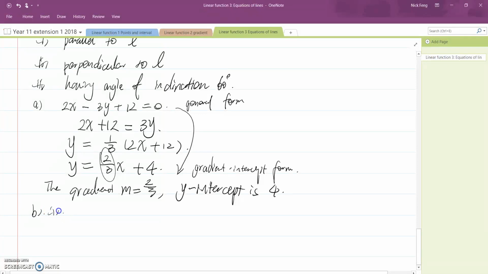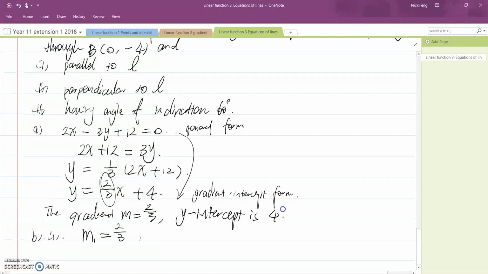First one, since it's parallel, the gradient of the line we're looking for has to be exactly the same as the gradient of the given line, which is 2/3. And it passes through the point (0, -4), so the y-intercept is -4.